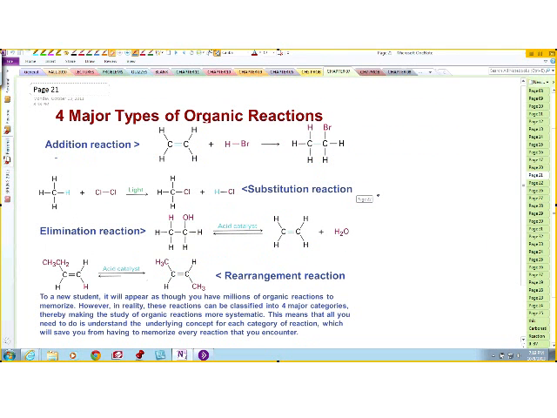Now let us take a look at the different types of reaction that we encounter in organic chemistry, because we are very soon going to get very heavy into reactions.